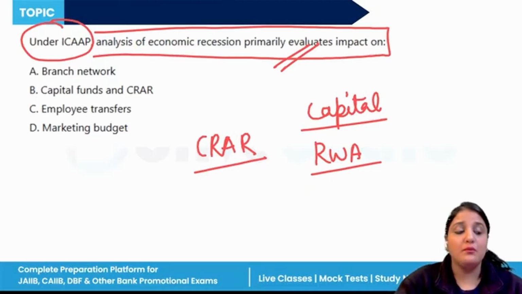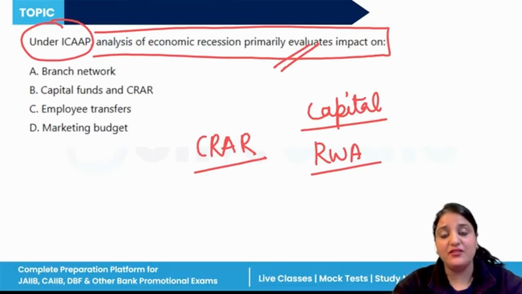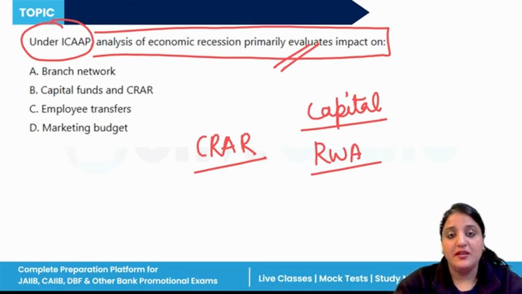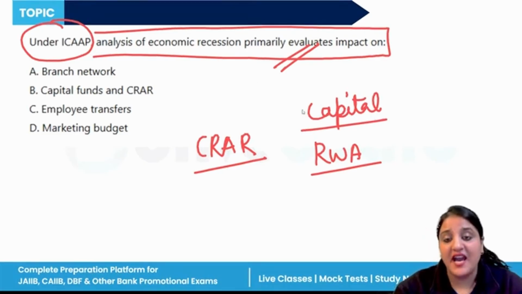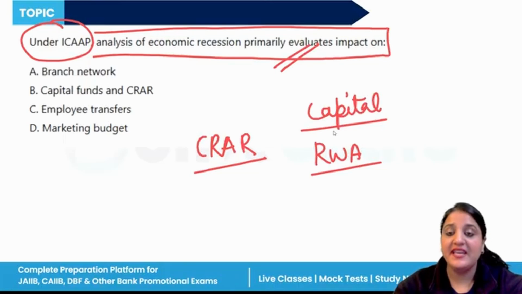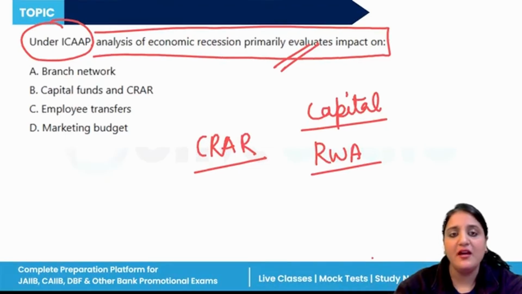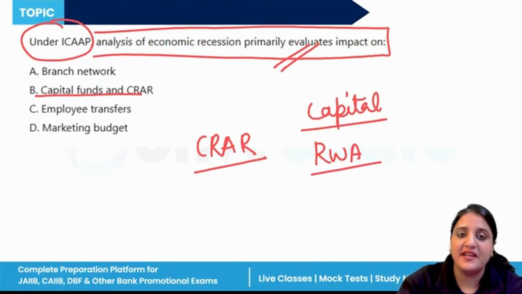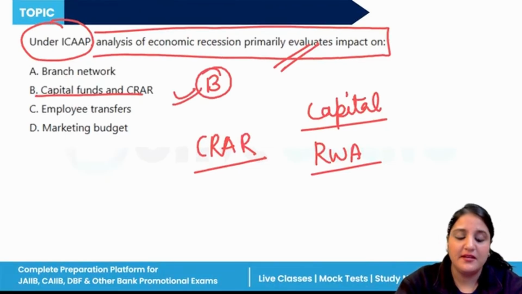So, under the ICAP analysis of economic recession, the impact is on the CRAR, because it analyzes the study of downturn on capital funds and CRAR. So simple, if economic recession analysis happens, that will definitely impact the capital funds and the CRAR. So option B is correct here.